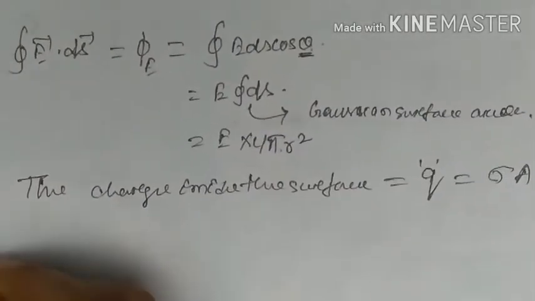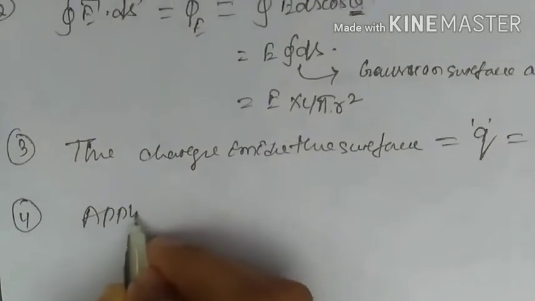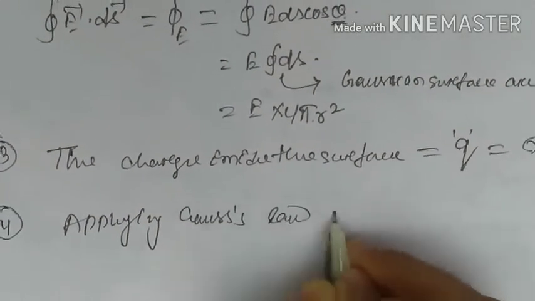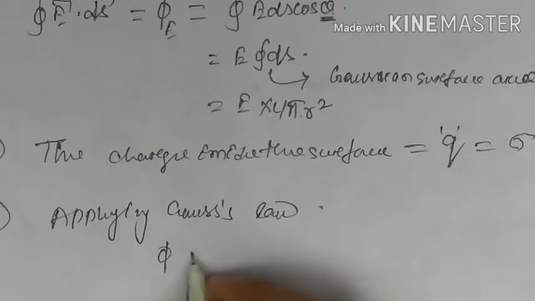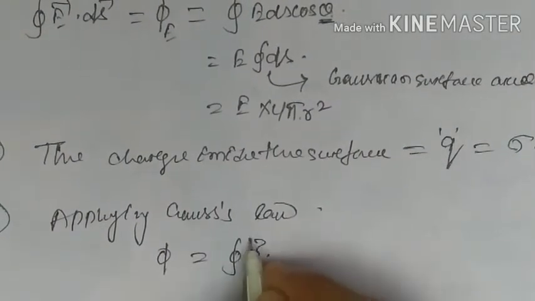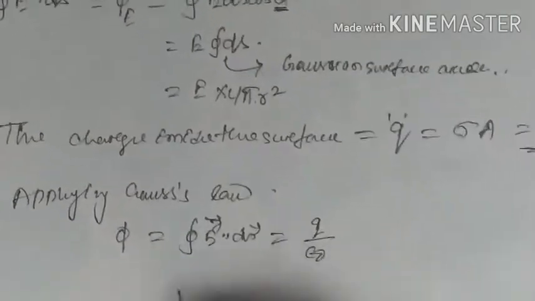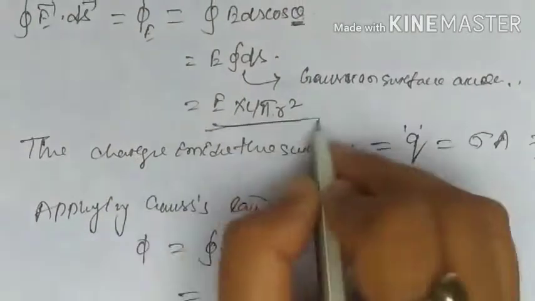Now our last step, applying Gauss's law, we can write phi is equal to the integral of E dot dS is equal to q by epsilon naught. So in place of this we can substitute the value.